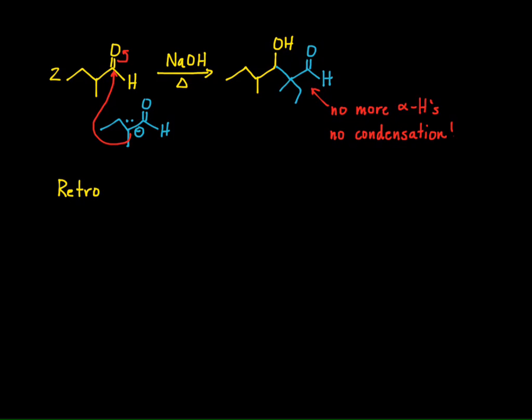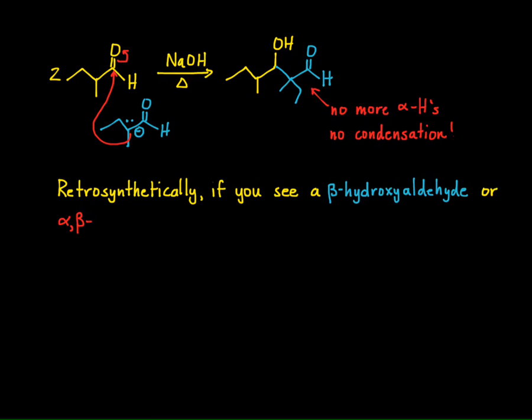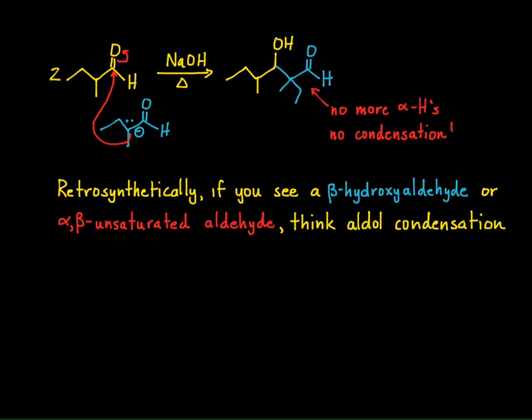So let's think about this retrosynthetically. Well, one of the key things is that if you see a beta hydroxyaldehyde or an alpha beta unsaturated aldehyde, you better think aldol condensation, okay? So this is the key in recognizing the functional groups present.